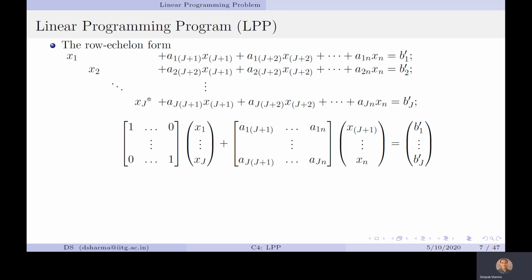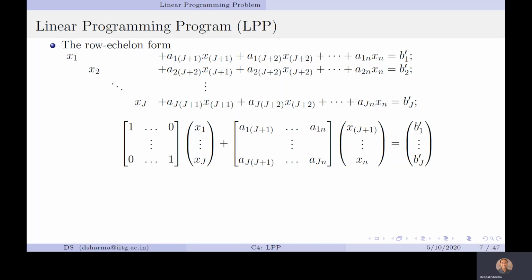Since we have converted the equation into the row echelon form, our right hand side vector, which is b1 prime, b2 prime and bj prime, will change. So you can see that the original problem formulation which we have discussed has to be changed so that we can get the row echelon form here, and correspondingly the coefficients will change as well as the right hand side of the equation, b1 prime, b2 prime, bj prime.